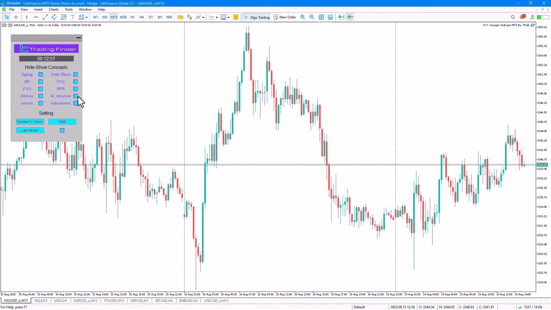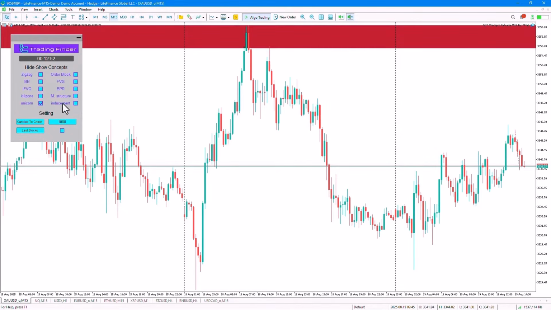The next scenario is considered the Unicorn model, which is a powerful trading setup in the market. The Unicorn model is a trading setup that combines several key ICT concepts, including kill zones, where entries should be made during golden times such as the London and New York sessions.